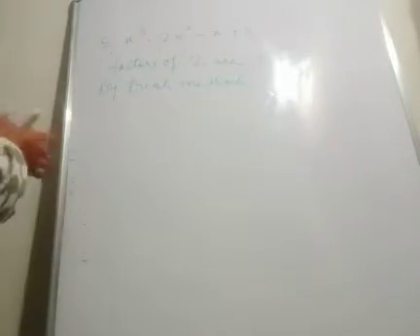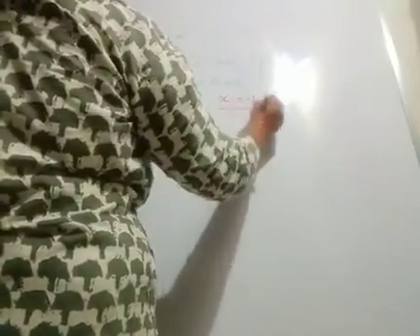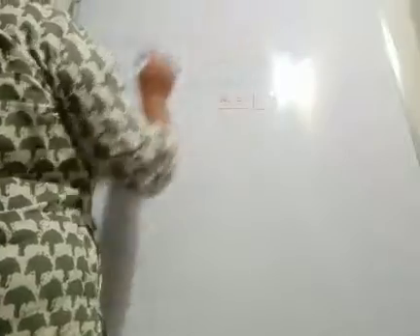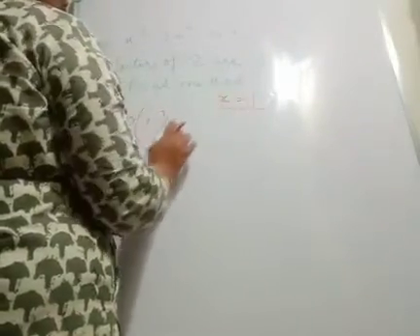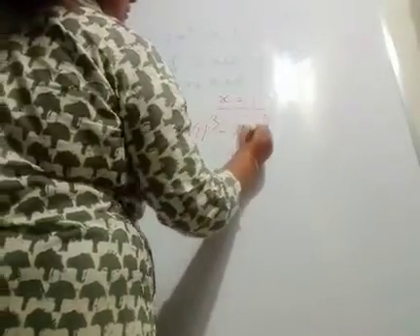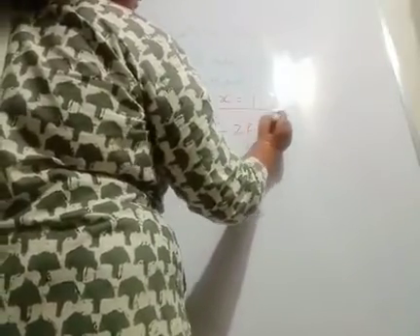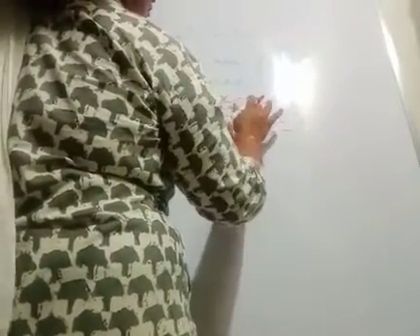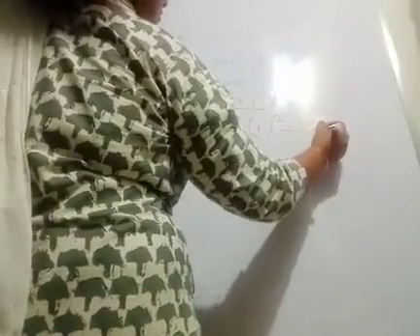So by trial method, let us see whether the polynomial becomes 0 or not. Okay students, now putting x equal to 1, let's see what happens. If we find that the remainder is 0, then only we can say that x minus 1 is the factor.